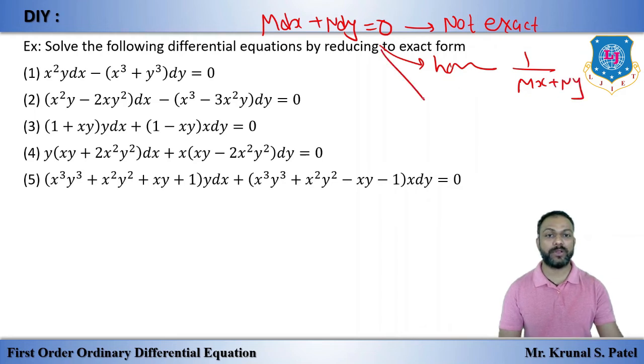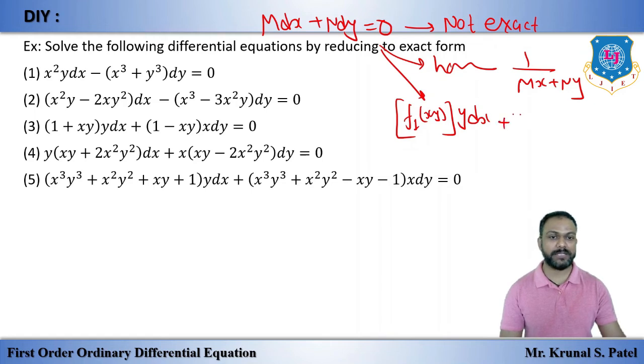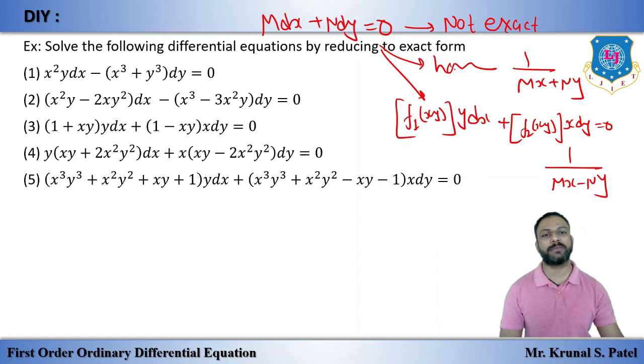And if it is of the particular form, function of xy into y dx, plus function of xy into x dy equal to 0, then IF is 1 upon Mx minus Ny. So you have to just remember: homogeneous, then plus, and particular form, then Mx minus Ny.